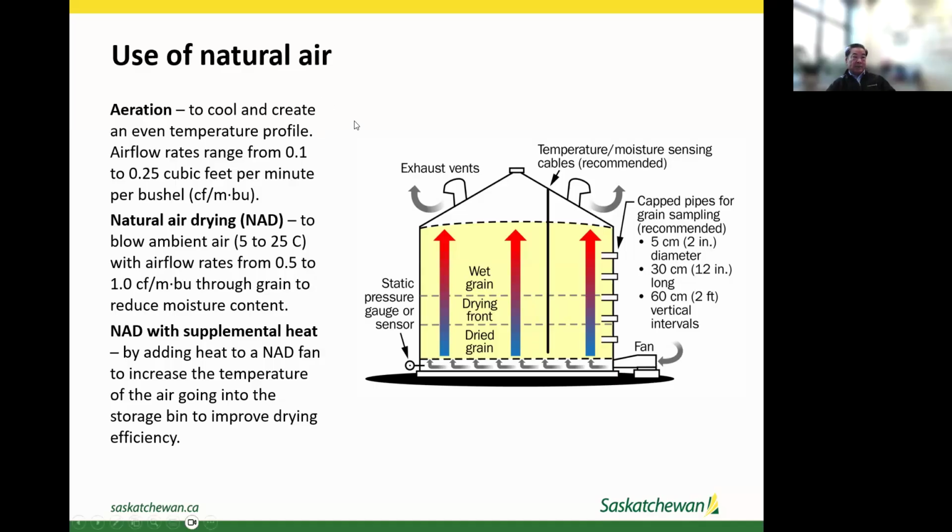The second use is natural air drying. For that purpose, you blow ambient air 5 to 25 degrees with an airflow rate from 0.5 to 1.0 cubic feet per minute per bushel through the grain to reduce the moisture content.